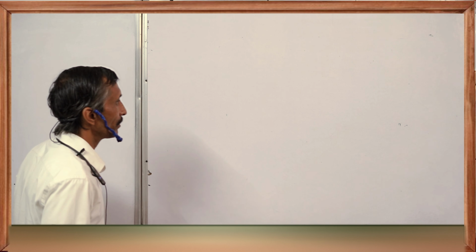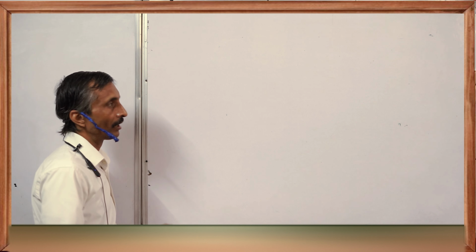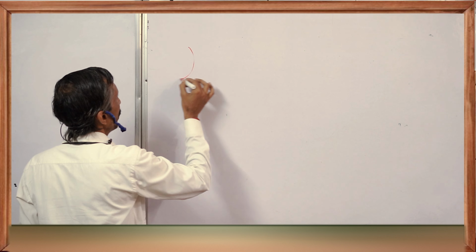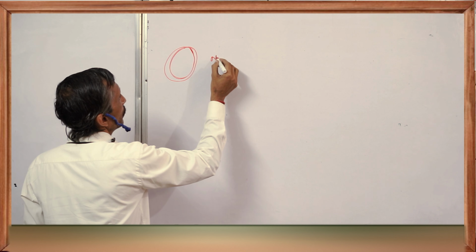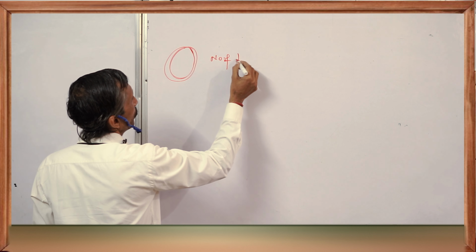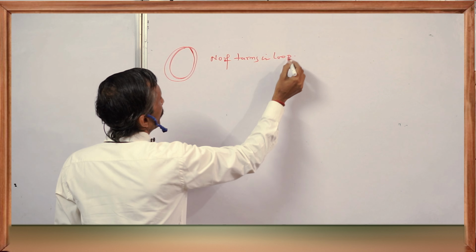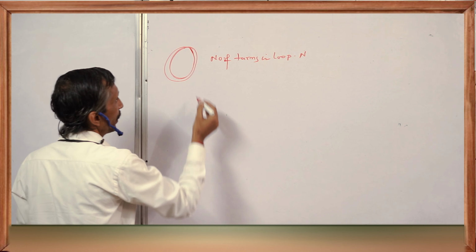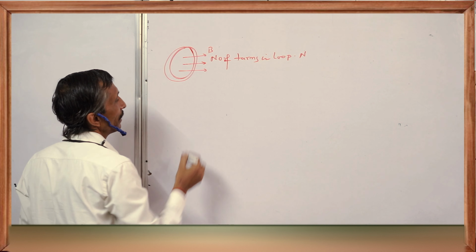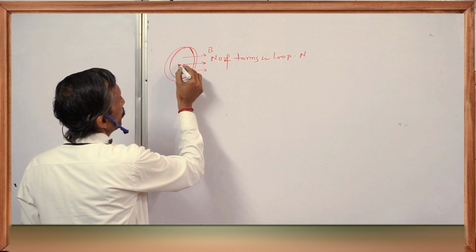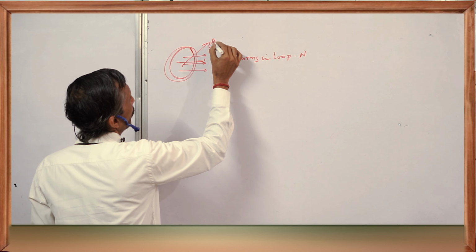And what is magnetic flux? Normally we can say it is a scalar quantity, the number of field lines defined in a loop. Suppose we have this loop and the number of turns in the loop is N. And the magnetic field crossing it in this way is B. The area of this loop is A, and there may be some angle between the area vector and the field.